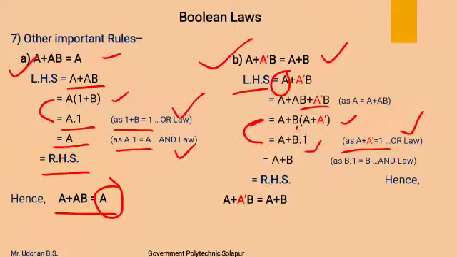This 1 is written as A plus A complement is equal to 1. Now again B into 1 will give you B as per AND law. So this equation again can be written as A plus B. This B into 1 is replaced by B, which is nothing but our right hand side of the equation. Hence we can write A plus A complement into B as A plus B.